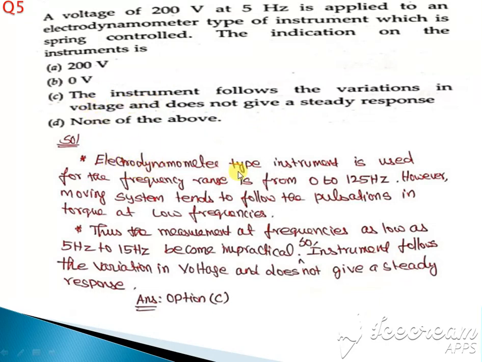In general, electrodynamic type instruments are used for a frequency range from 0 to 125 Hz. However, a moving system tends to follow the pulsation in torque at low frequency. Thus, the movement at low frequency is impractical. So the instrument follows the variation in voltage and does not give any steady response. The answer is option C.